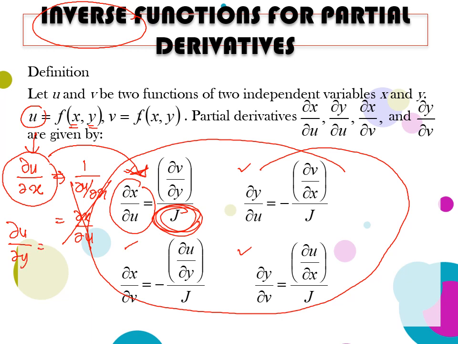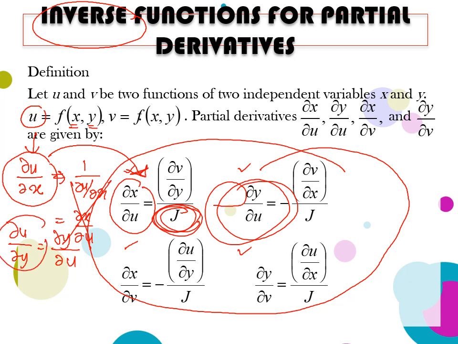You cannot just simply invert this to be del y del u, which is equivalent to 1 over this. But you need to apply the Jacobian, where it is equivalent to negative del v del x over the Jacobian and so on. In the next slide, I will teach you how to come out with this formula.